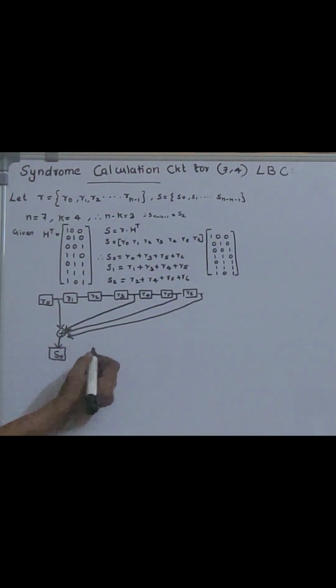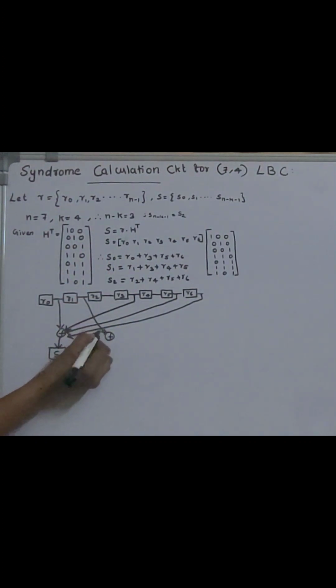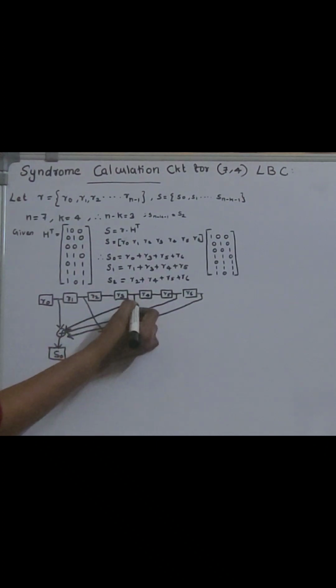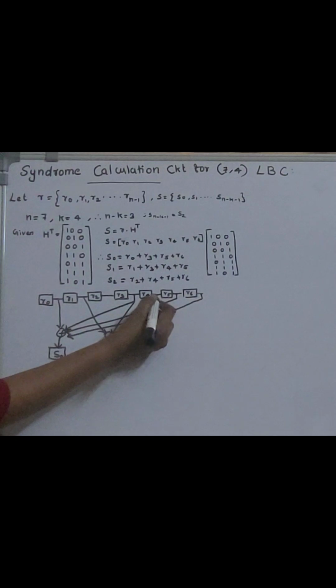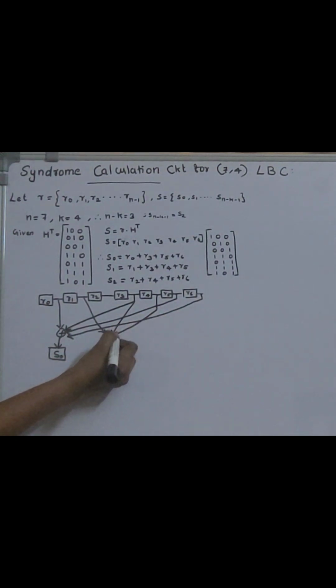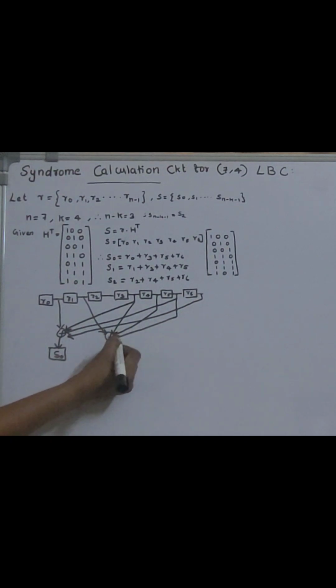S1 means nothing but modulo 2 addition of R1 plus R3, plus R4, plus R5. Then we get the output S1.